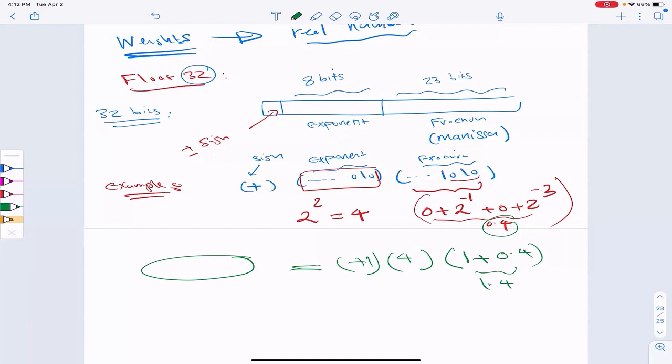So the reason I did this is just to give you a little bit of a feeling of what is really happening here when we are talking about float 32. What are the 32 bits? Some parts of it are used for the exponent, some parts of it are used to represent the fractional part, and 1 bit is used for the sign.